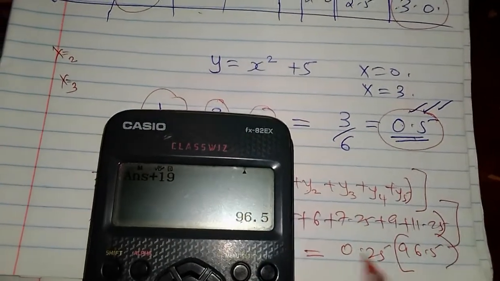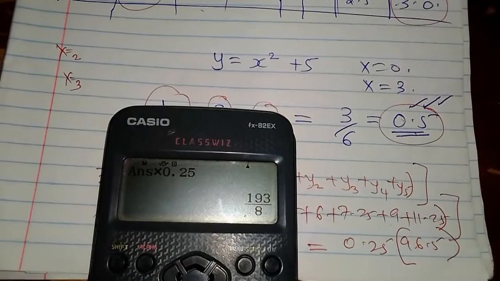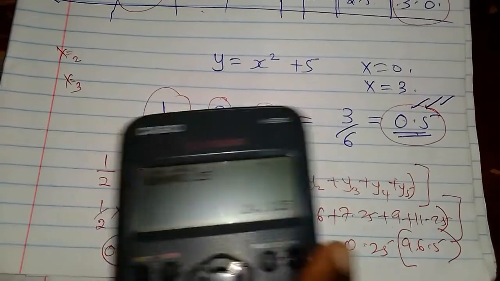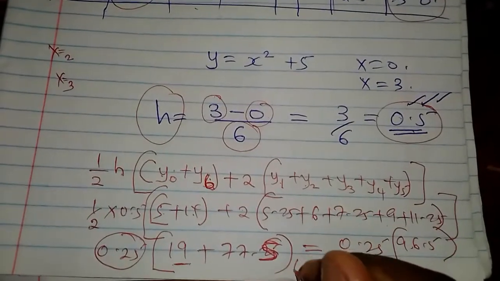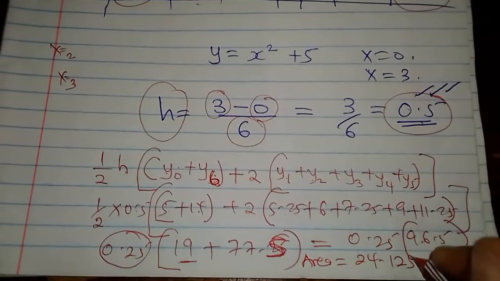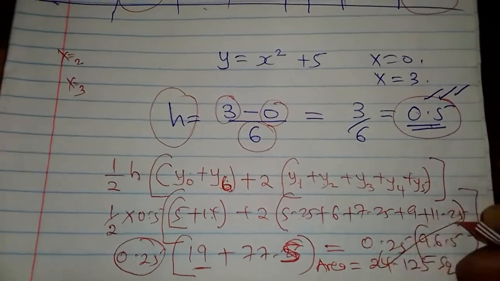Good. So I just multiply to open the brackets. So times 0.25. I get 24.125 as my final answer. So the area under the curve is 24.125. Then you write square units.